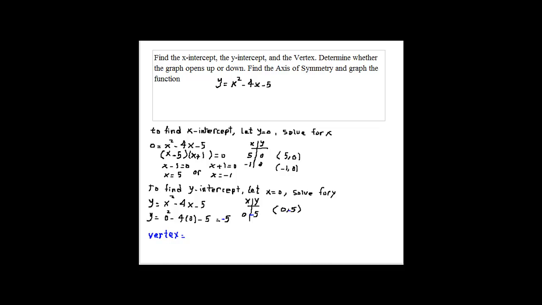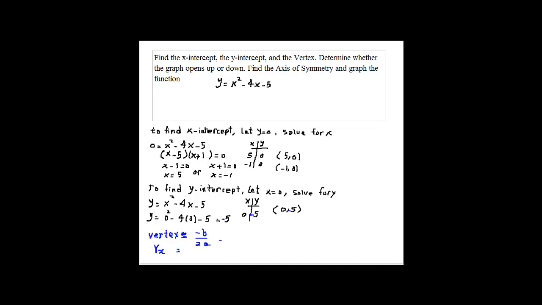Very good. So what's the formula for the vertex? The vertex for the x is negative b over 2a, and for y, it's 4ac minus b squared over 4a. Very good, Chris. That's all you really need to know, the formula for the x position of the vertex, which is x equals minus b over 2a.